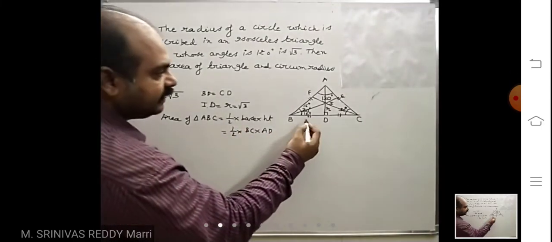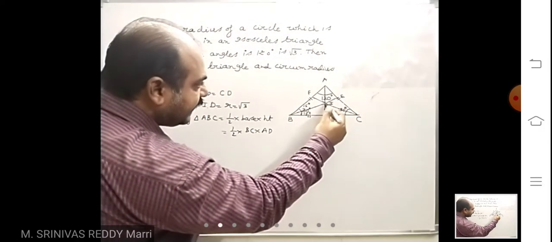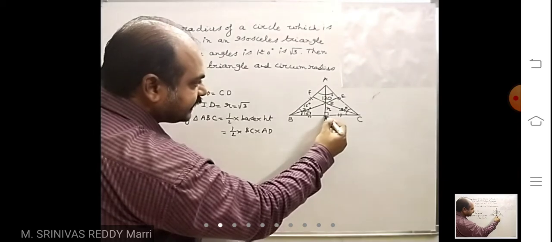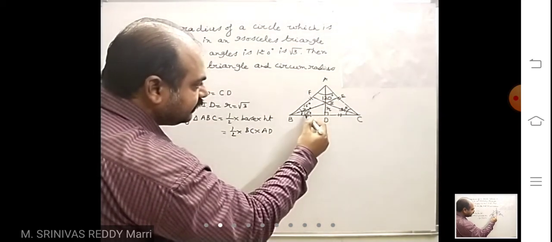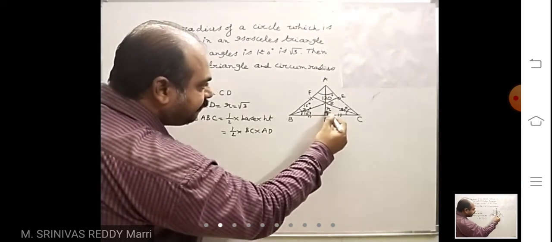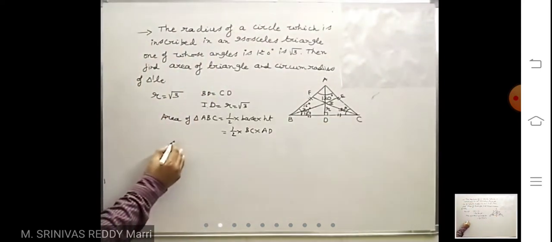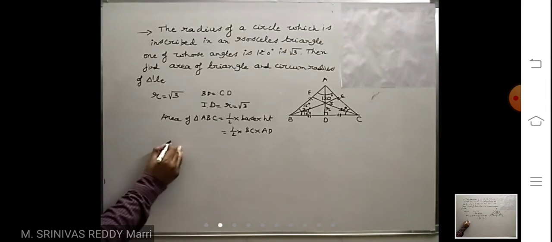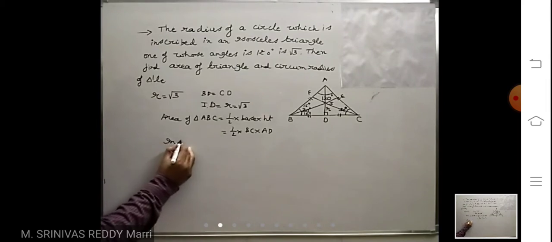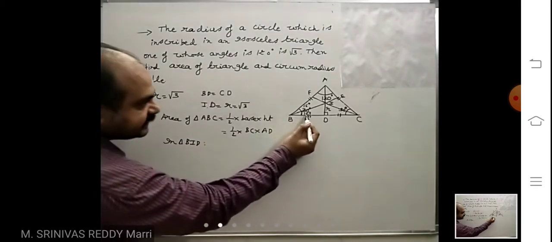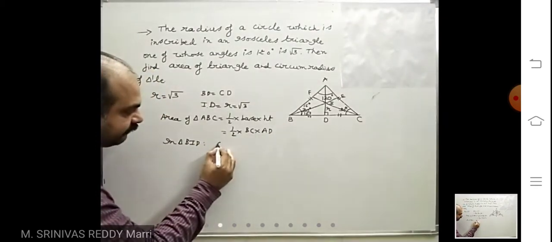Now look at here. Take the triangle BID. In the triangle BID, this is 15 degrees and the opposite side is R. You have to calculate BD. Observe the triangle. In triangle BID, this angle is 15 degrees.